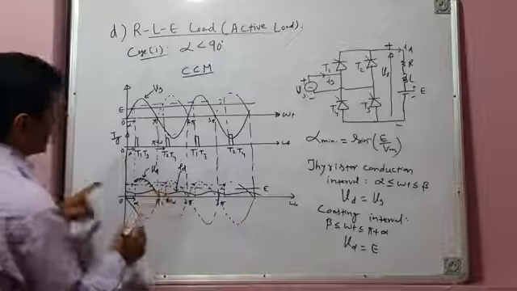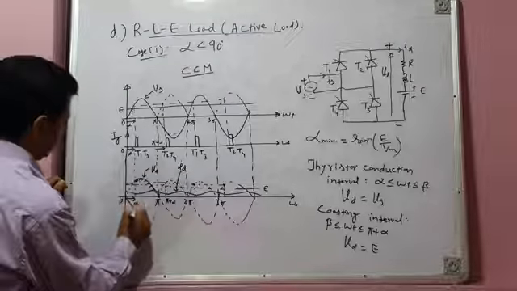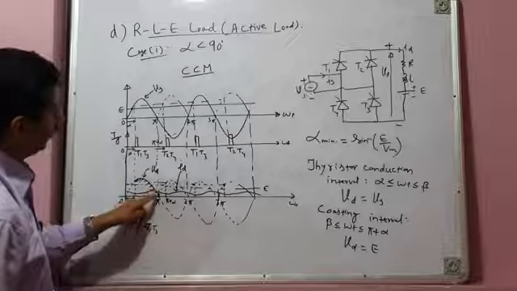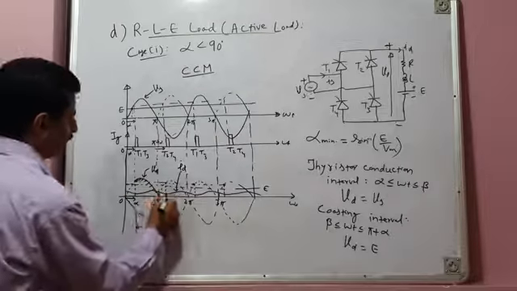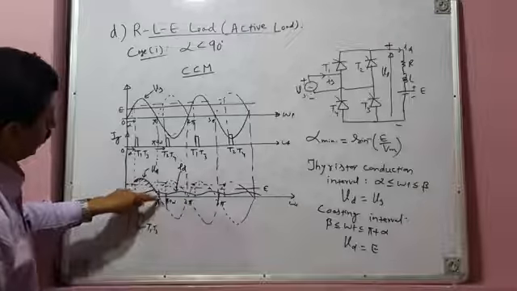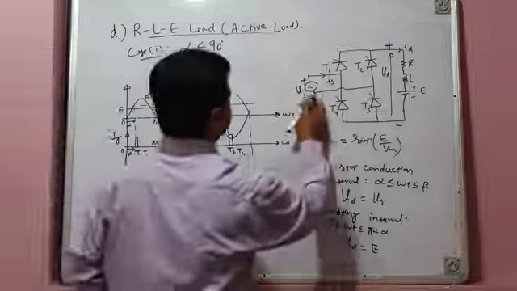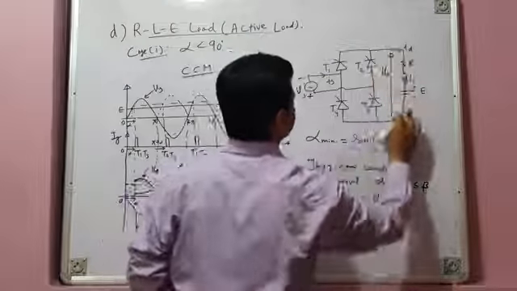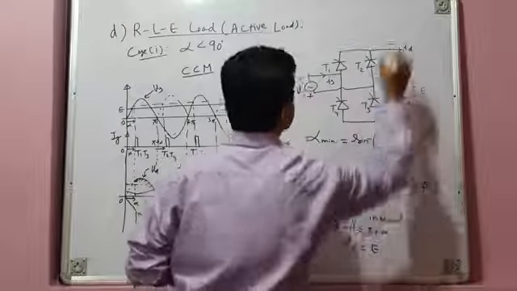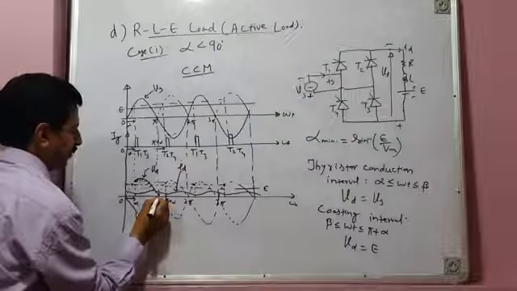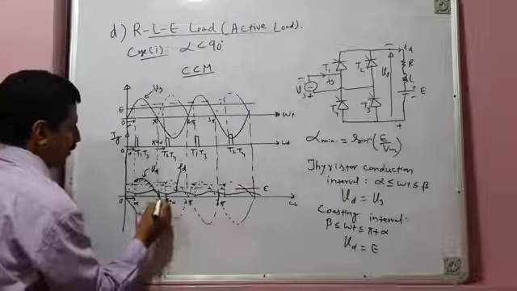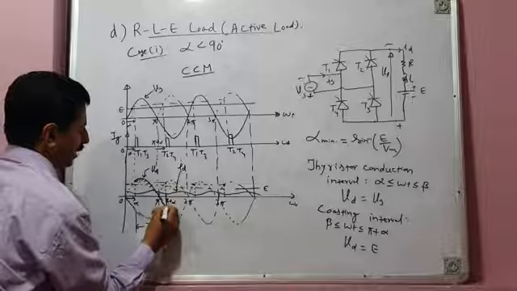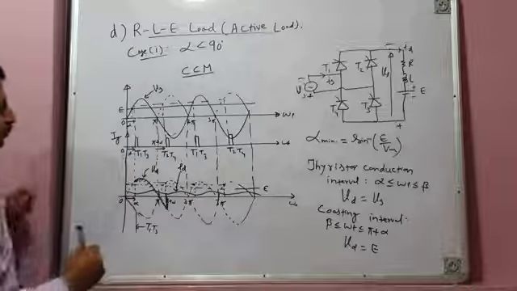Since load current is still flowing, and previously at alpha, T1, T3 pair was triggered, T1, T3 pair will continue to conduct till next instant of firing. And when source voltage reverses its polarity, that means source voltage becomes negative, T1, T3 pair continues to conduct, so load voltage receives the negative segment of source voltage. So load voltage from pi to pi plus alpha becomes negative, as you can see.